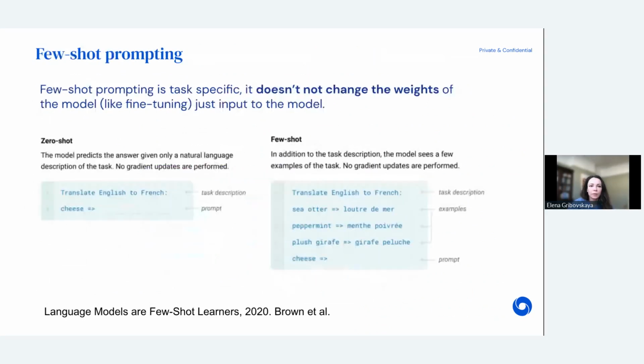So few-shot prompting. This is something very important. As I mentioned in the beginning, before GPT-3, the main driver for improving model performance on downstream tasks was collecting large supervised datasets and fine-tuning models on this dataset.